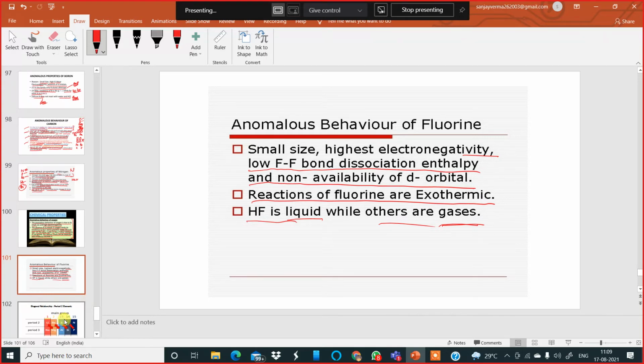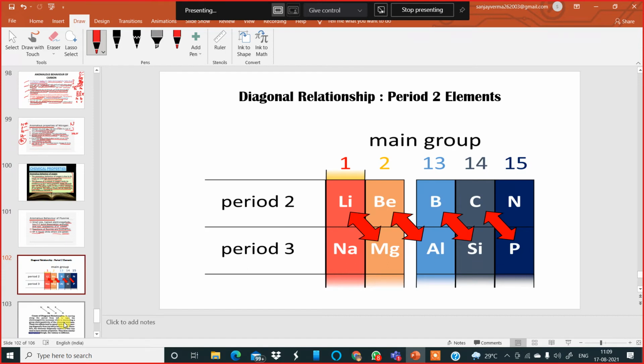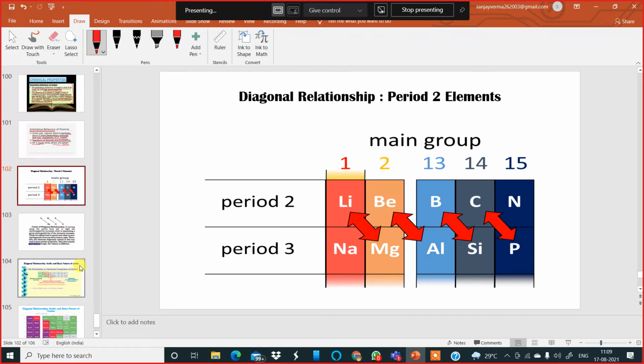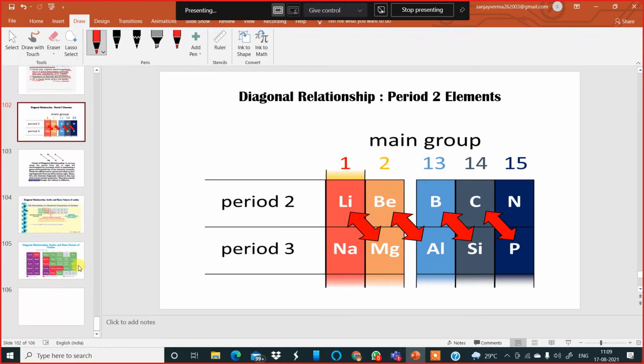Now moving to the next slide in this chapter, there is one more topic to be discussed, which is called a diagonal relationship. Elements of the second period in the periodic table bear a similarity in properties to those placed diagonally opposite to them in the third period, like lithium and magnesium. They are diagonally opposite elements. They have similarity in properties.